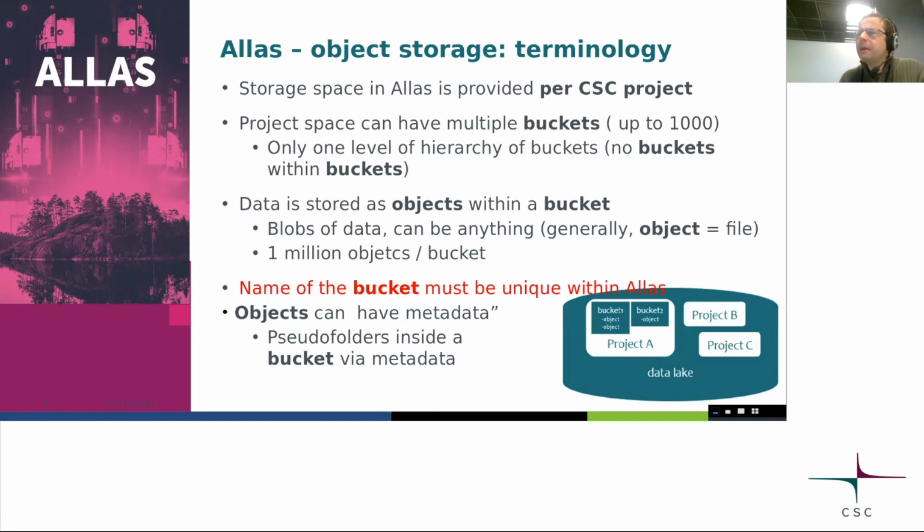The object names can contain slashes which make the object name look like a directory path, and many applications can then mimic the system so that it looks like you would have a directory structure. But that always depends on the application that you are using.